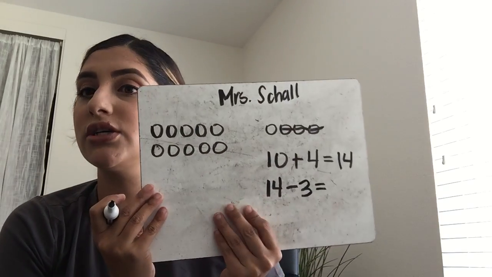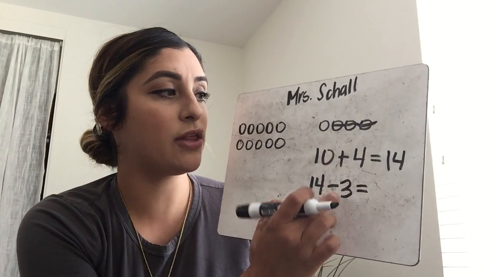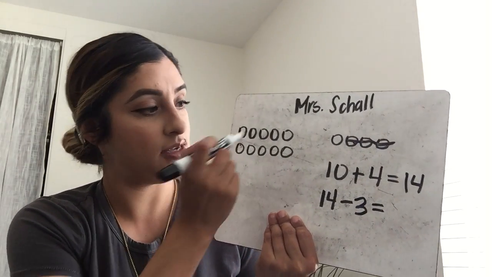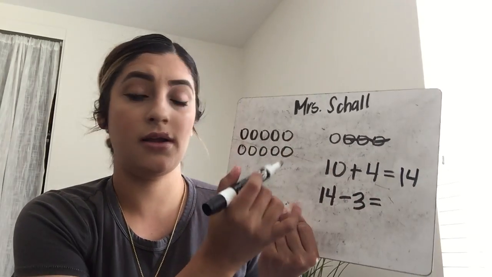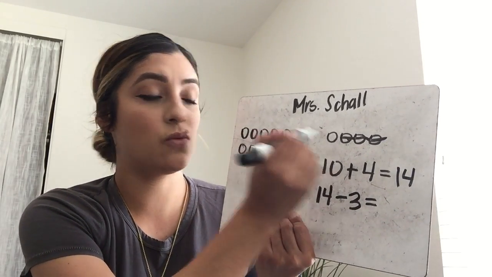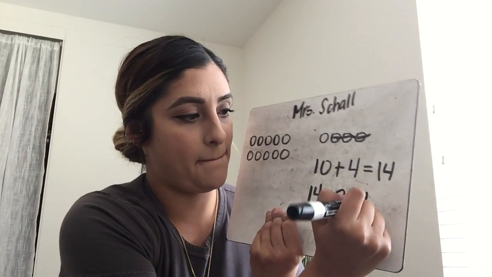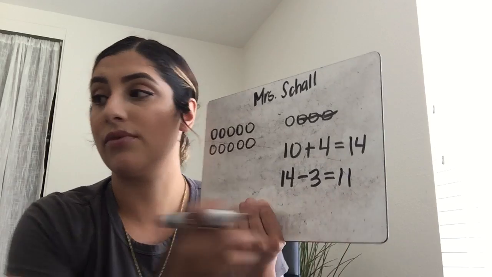Let's look at our picture to solve this math problem. I had 14, and remember I took away 3. 1, 2, 3. Now I have to count how many I have left. I have 10 over here and 1 more. 10 plus 1, 10, 11. 14 minus 3 equals 11.